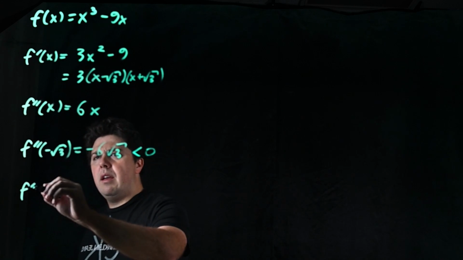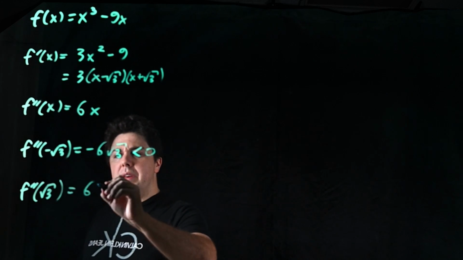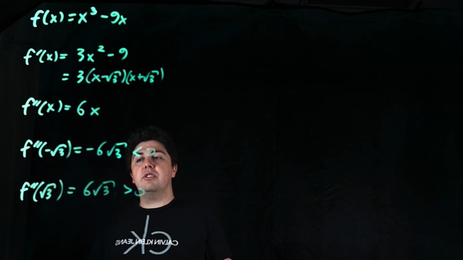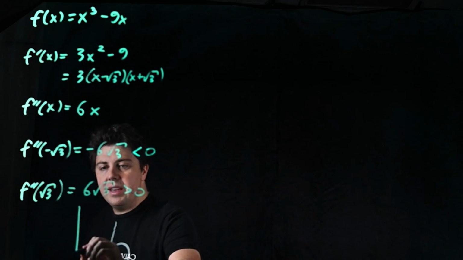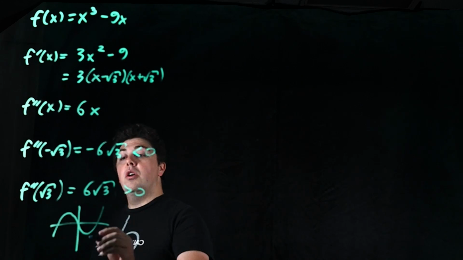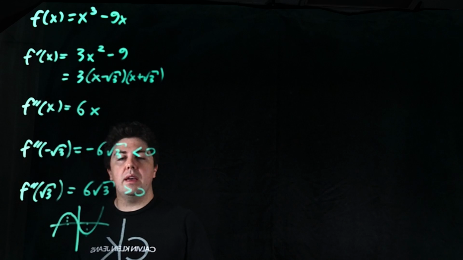Whereas f prime prime at root 3 is going to be 6 root 3, which is greater than 0, which means that this point has to be a minimum. And this is exactly what we've seen in the past, with this point being minus root 3 and this point being root 3.